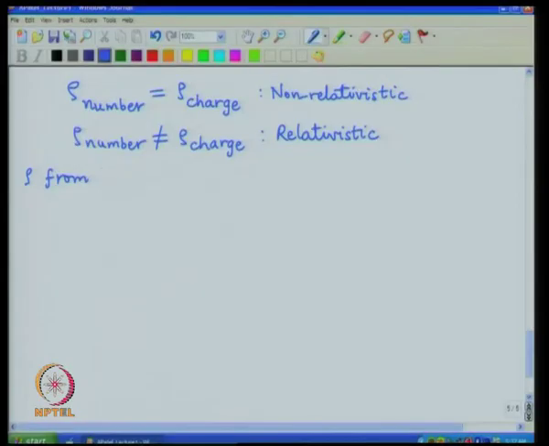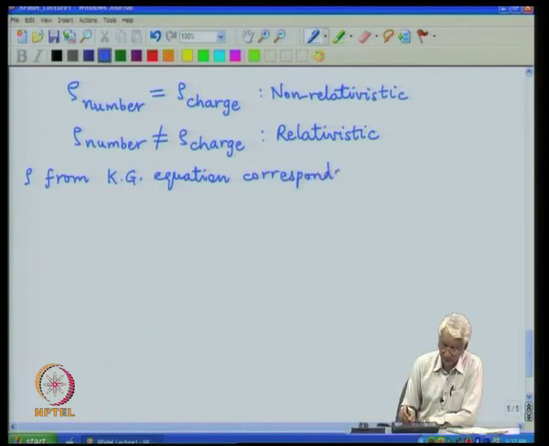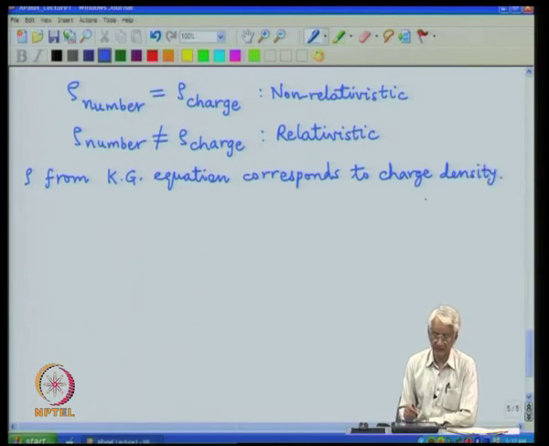So, the rho which came out of the Klein-Gordon equations actually corresponds to charge density, and we have no restriction about the sign of the charge density.